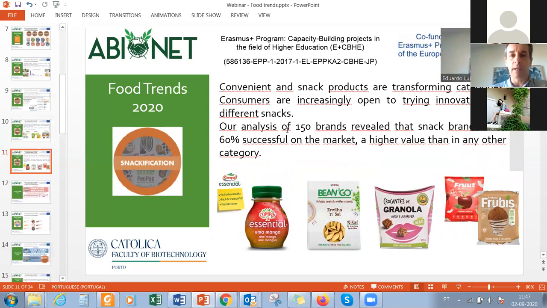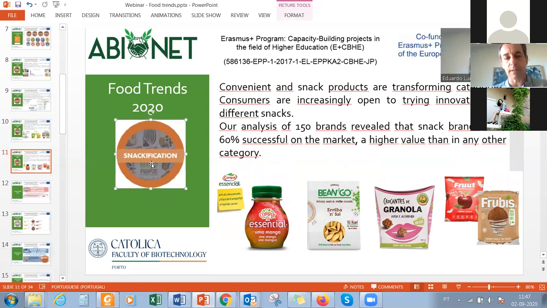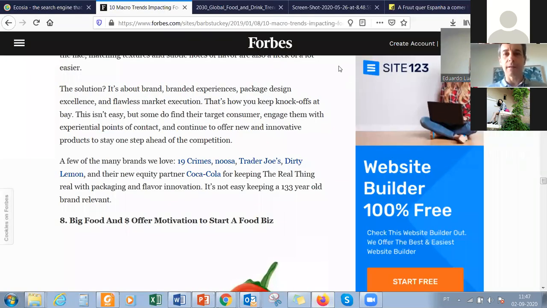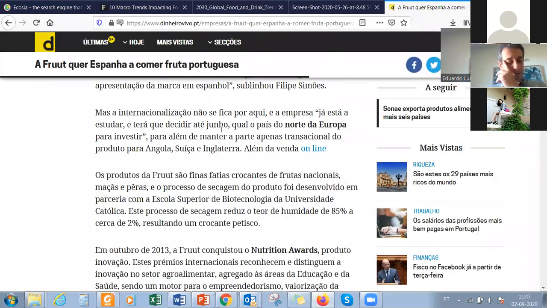So let me go a bit faster. Products that are convenient, so the snackification, they invent those words, but it's okay. Oh, I see fruit, one of those dried apple pieces. This product was developed at our university. It's in Portuguese, so it's not relevant for us, but they mentioned that the product was produced in our university.